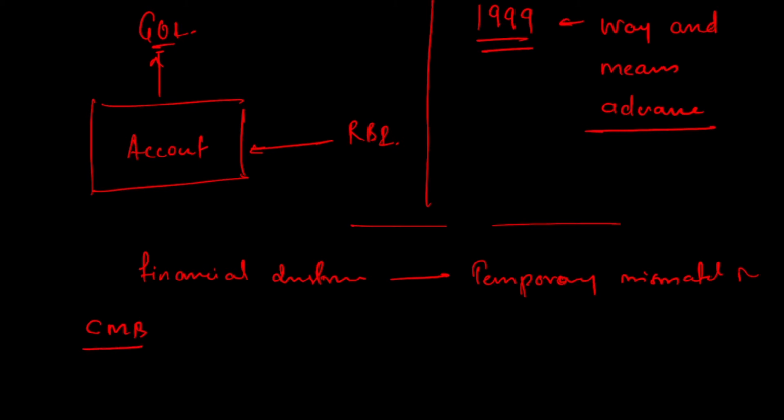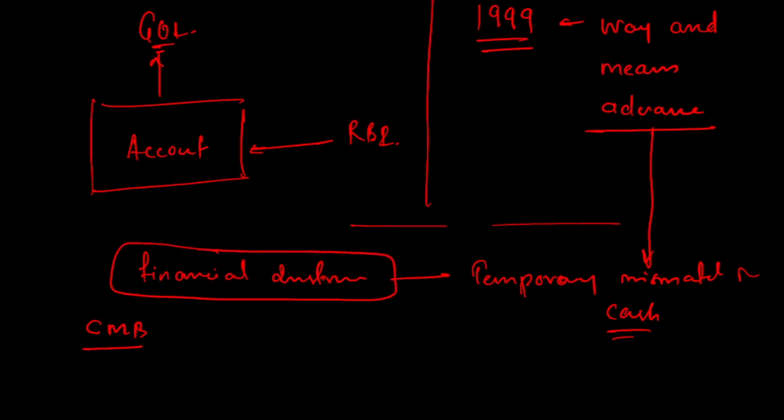But when you study ways and means advances, you will get to know that even ways and means advances address the problem of temporary mismatch of cash. But if you look into finer details, the question asked about which financial instrument. One simple point to be noted here is that cash management bills are financial instruments, whereas ways and means advances is a mechanism.